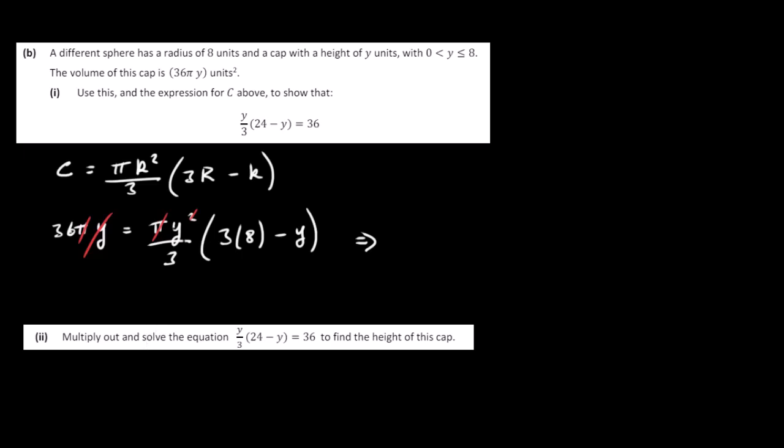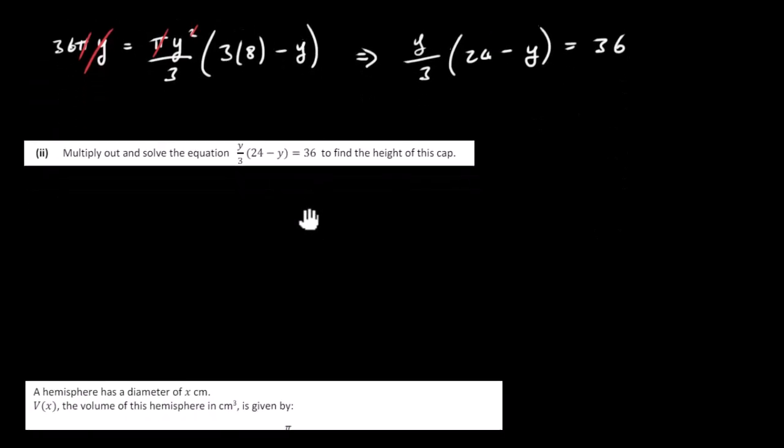And that'll give us our y over 3. 3 times 8 is 24, which we need. And then we've got our minus y, so that's really it. So we do end up with y over 3 times (24 minus y) is equal to 36. And that's all we've got to do there.